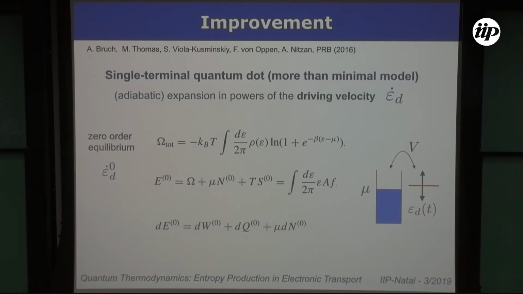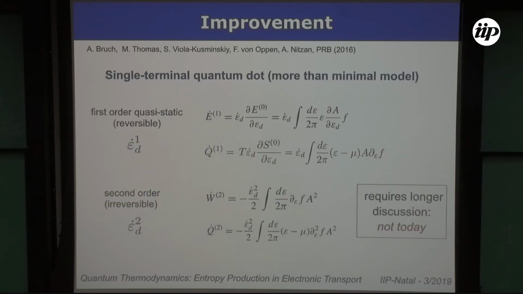And you can expand things considering a small drive and departures from adiabaticity. So equilibrium is fine. And the nice thing is that you can actually write the first order, which corresponds to the quasi-static reversibility relation.